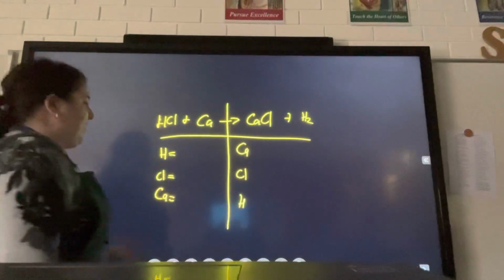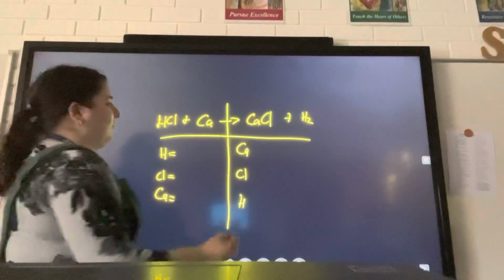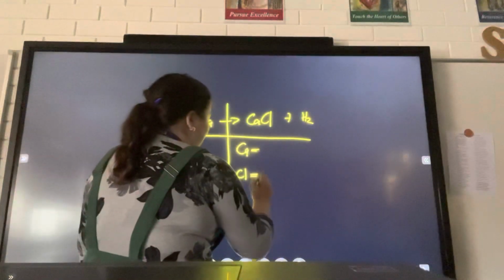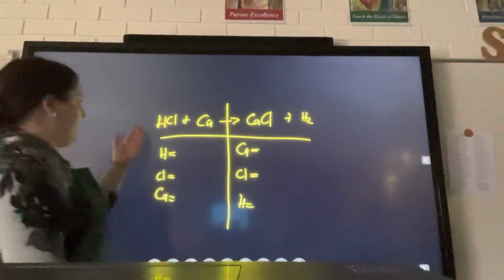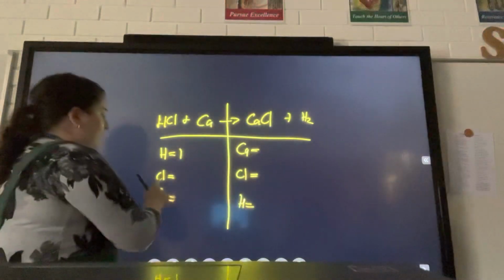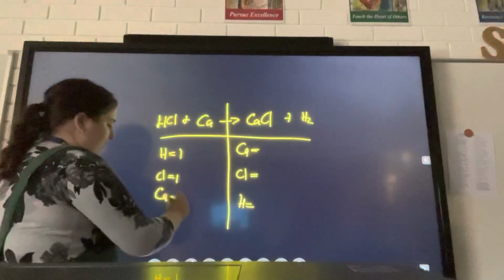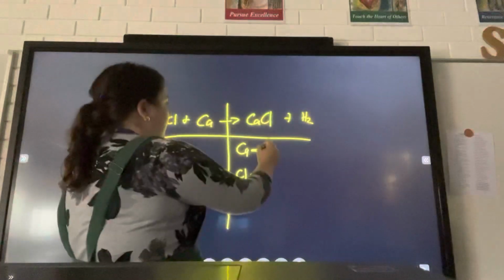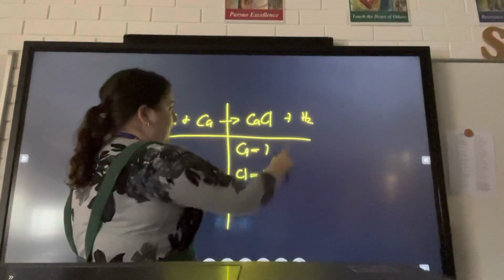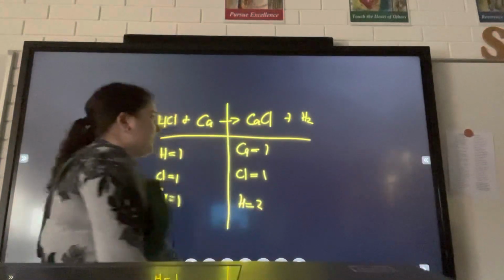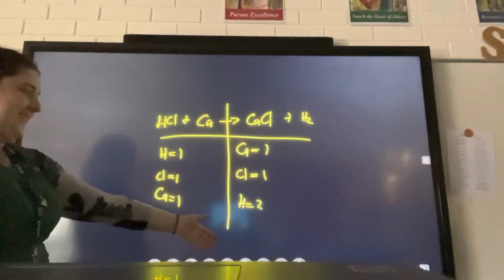Now granted, it would be better if you wrote the elements in line, but for efficiency's sake, we are not doing that. Okay, so on this side, hydrogen, I have 1. Chlorine, I have 1. Calcium, I have 1. Calcium on this side, 1. Chlorine, 1. Hydrogen, 2.